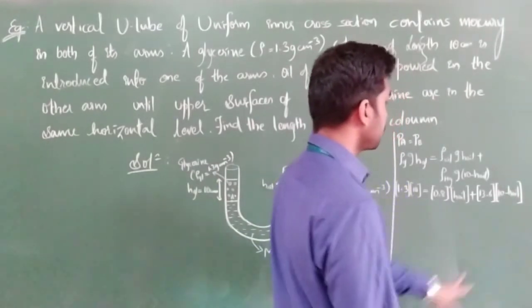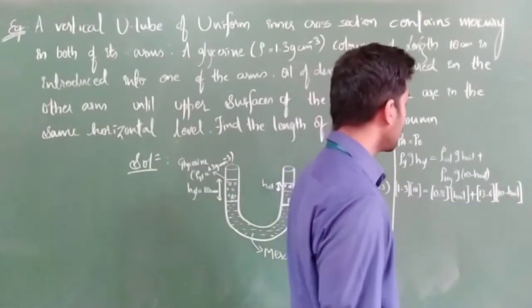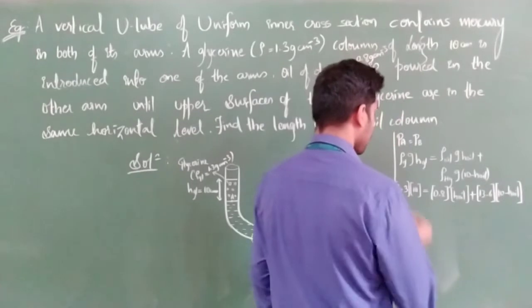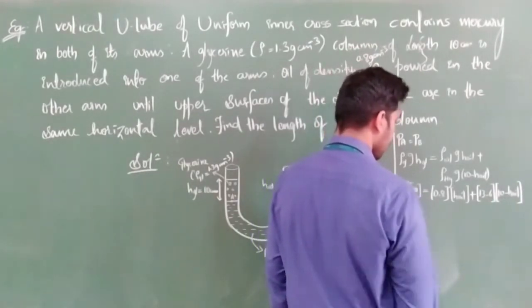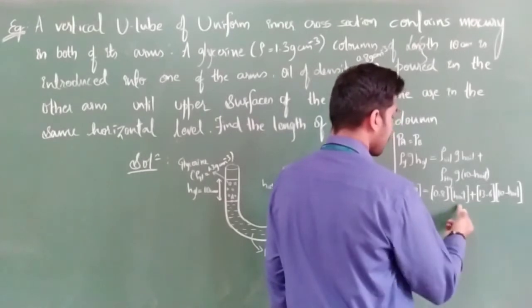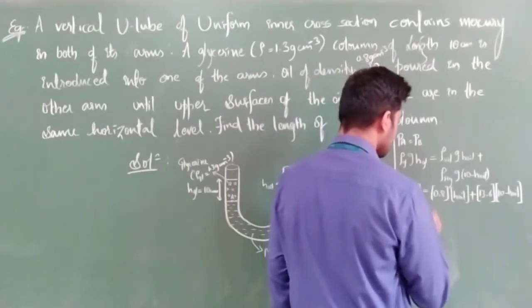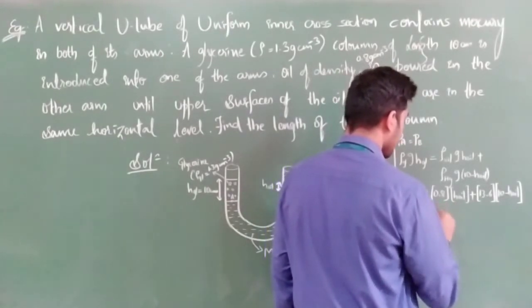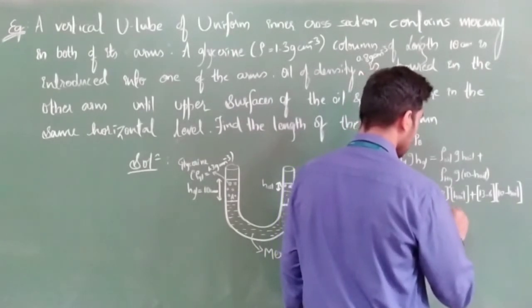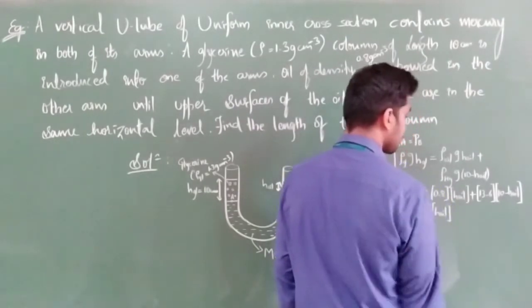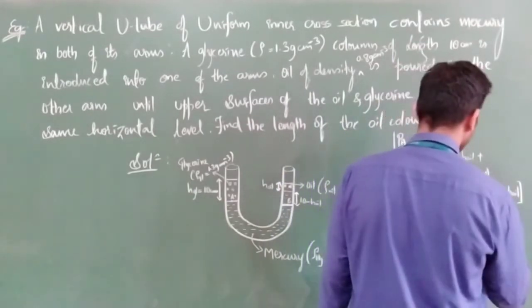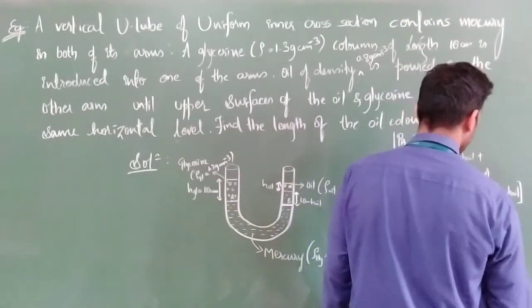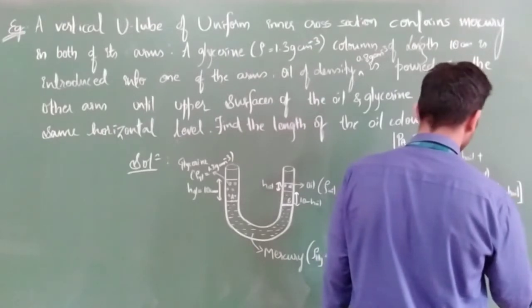So how can you proceed? Multiply this 13.6 inside and check what you are going to get. 1.3 into 10, it is nothing but 13, correct? Is equal to 0.8 into H oil, let us keep it as it is, plus 13.6 into 10, it is nothing but 136, minus 13.6 into H oil.